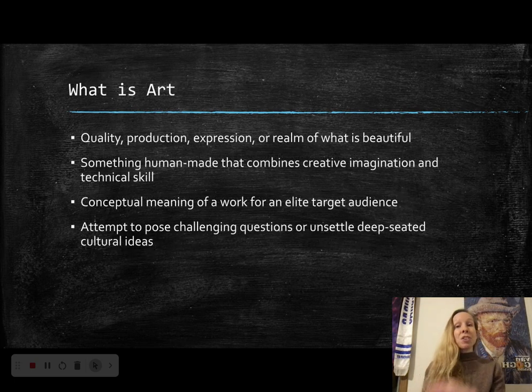Okay, and so the big question is, what is art? It can be about quality, it can be about production, expression, or the realm of what is beautiful. It's something human-made, and actually today we can really question that with AI, but it combines creative imagination and technical skill.